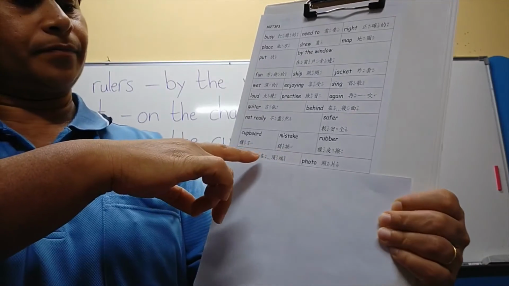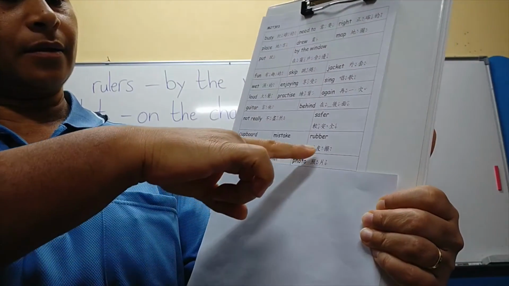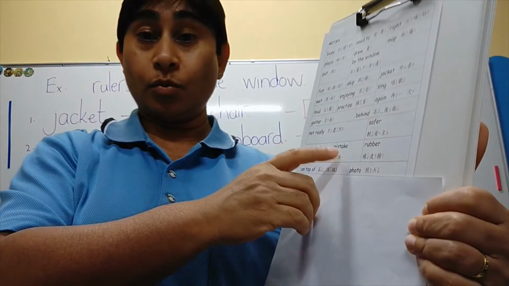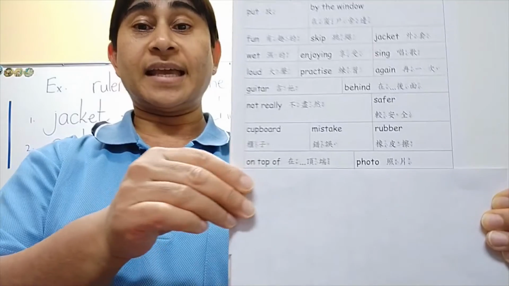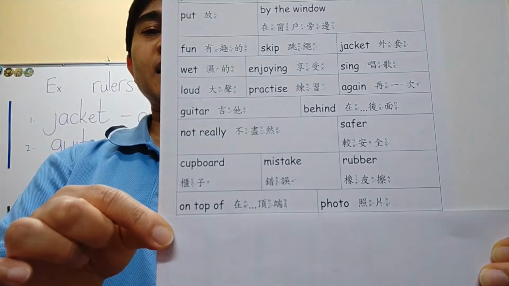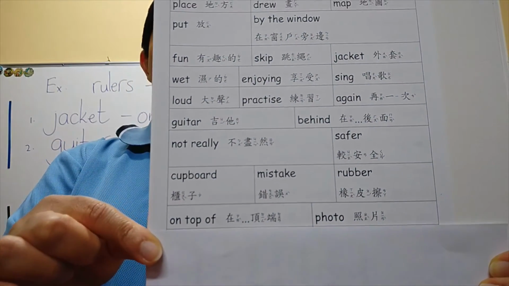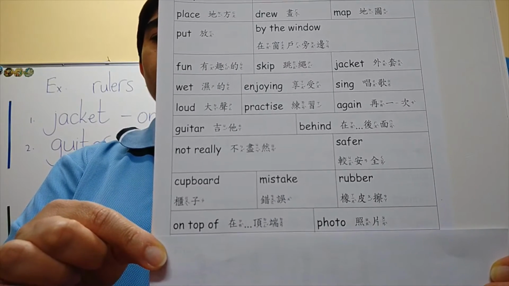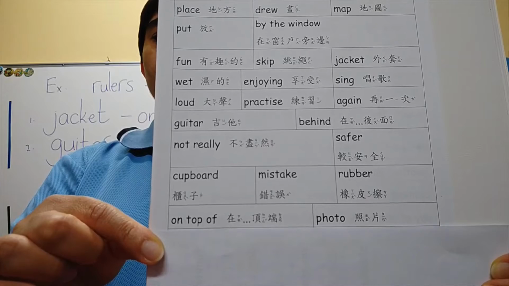You've got mistake, rubber, on top of. Look at the word mistake. Jack made lots of mistakes in his story today, but the teacher said that's okay. He needed to use the rubber. But where does he put the rubber?